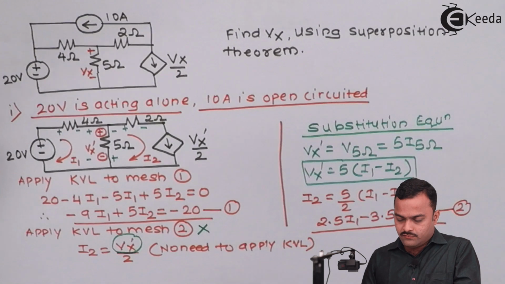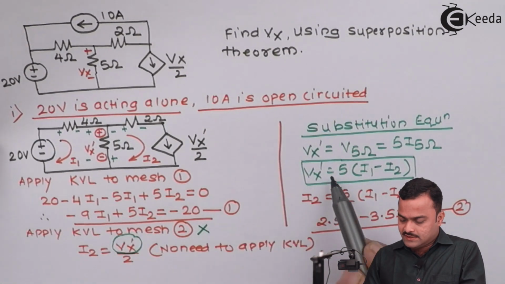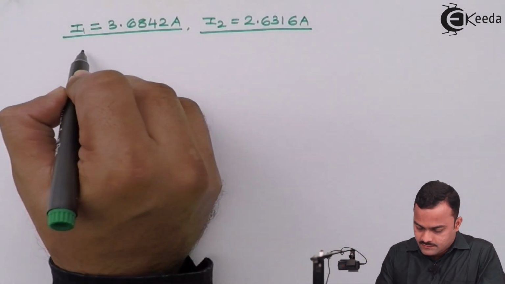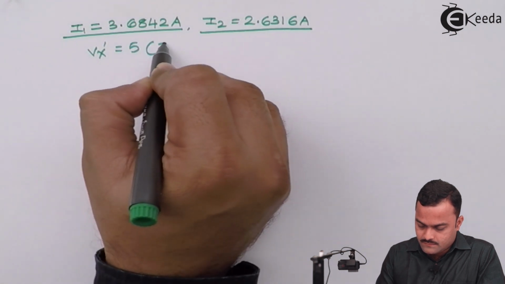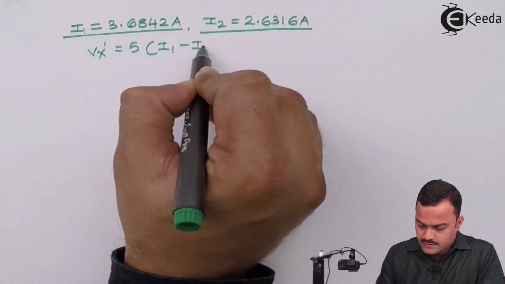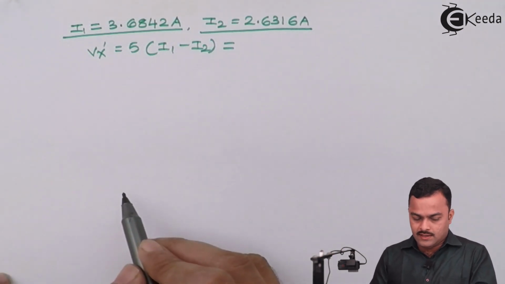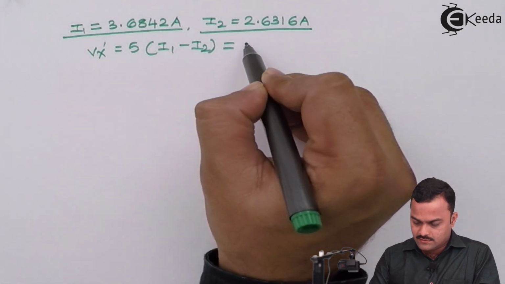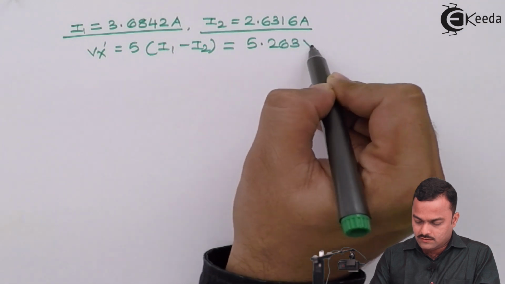We are supposed to get Vx, and for this it will be Vx dash, nothing but 5 times I1 minus I2. If I substitute the values of I1 and I2 and solve for Vx dash, I will get the answer 5.263 volt.